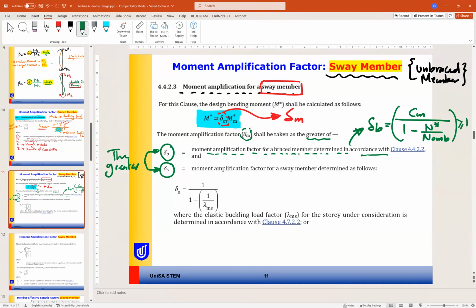Then you need to find delta s, which is the moment amplification factor for a sway member.